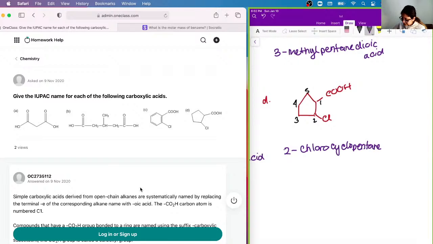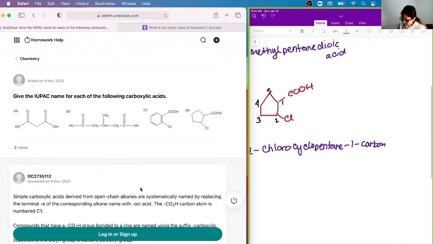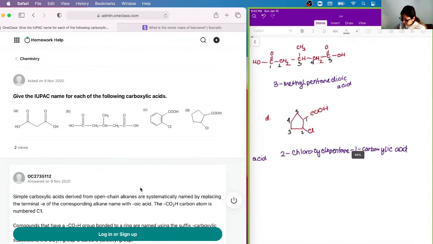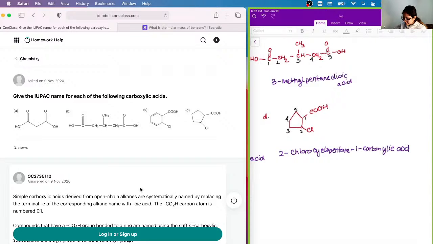Since it's cyclopentane, we can also say this is 1 carboxylic acid. Since it's cyclic, we can say that this is carboxylic acid, or we can also say this is a pentanoic acid.